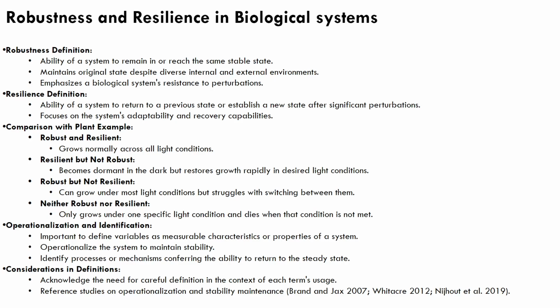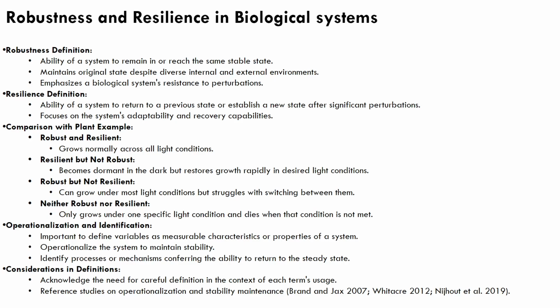I have given a little bit of examples of what you can call robust and what you can call resilient. So first, these are examples of plants. If a plant is both robust and resilient, it would grow normally across all light conditions. If the plant is resilient but not robust, it will become dormant in the dark, but it will rapidly grow in the desired light conditions.